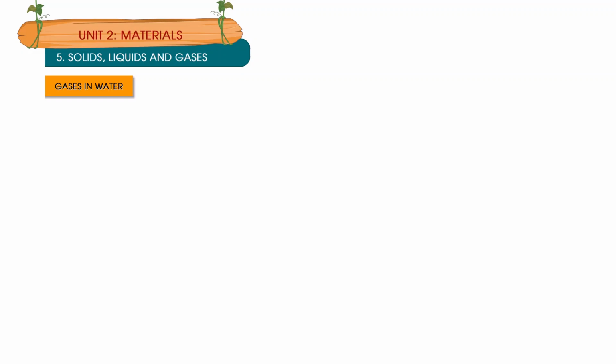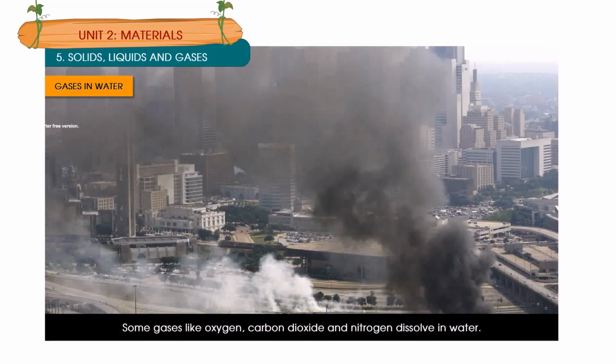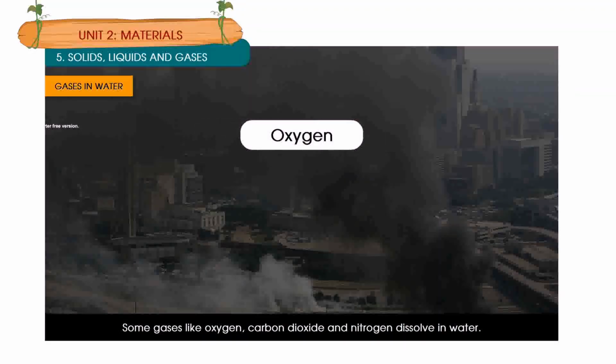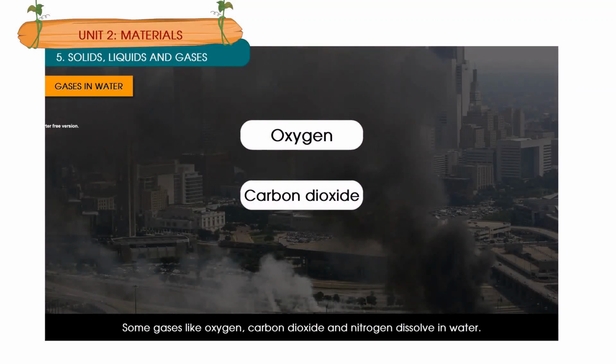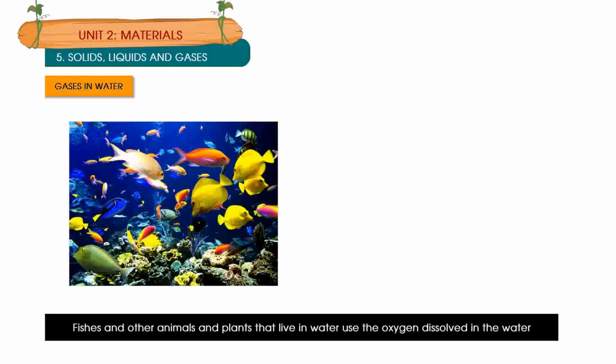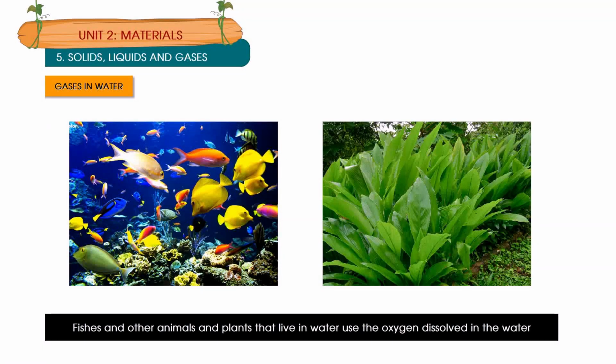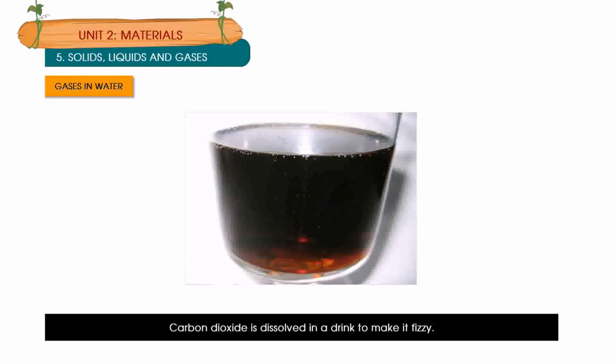Gases in water. Some gases like oxygen, carbon dioxide, and nitrogen dissolve in water. Fishes and other animals and plants that live in water use the oxygen dissolved in the water. Carbon dioxide is dissolved in a drink to make it fizzy.